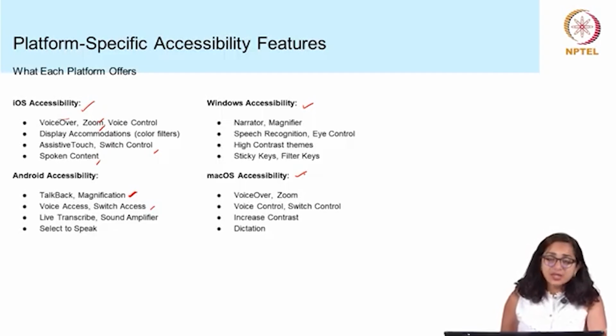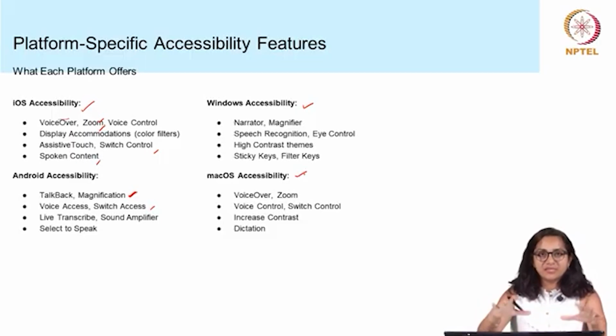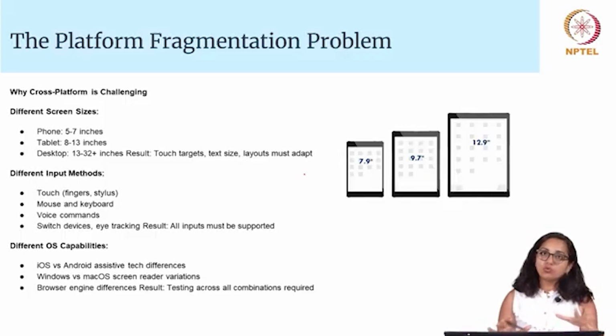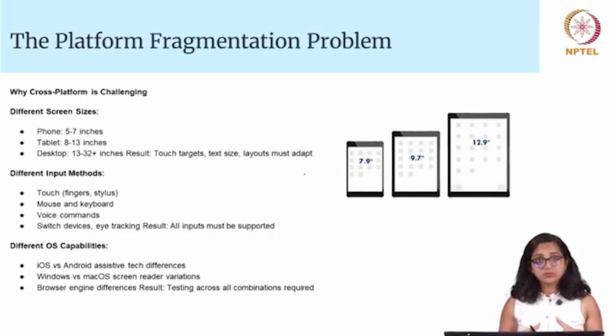Of course, specific applications have their own accessibility features, but these are OS level accessibility features which we are talking about. So now let us talk about, since now we know that each platform has its own benefits, and we have also established that users largely like to switch between devices and many times OS also and ecosystems also, depending on their convenience and the availability of the device with them.